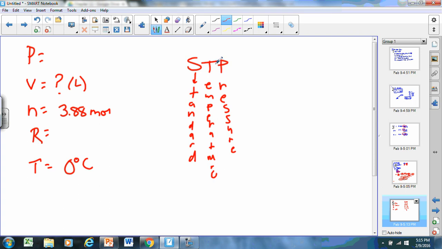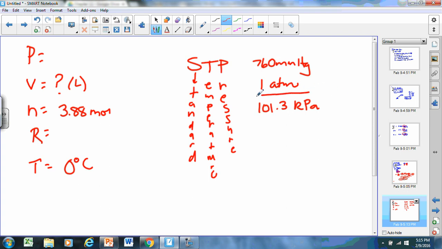And standard pressure, now there's 3 standard pressure units. There's 760 millimeters of mercury, and that's an exact measurement. There's 1 atmosphere, that's an exact measurement, meaning it has infinitely many sig figs. And then there's 101.3 kPa, and it doesn't matter which one of these you pick because you will get the same answer no matter what.